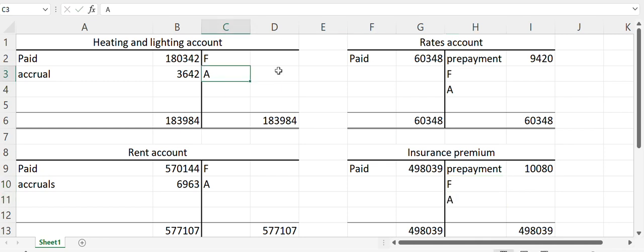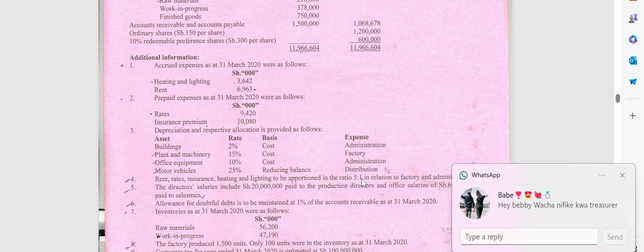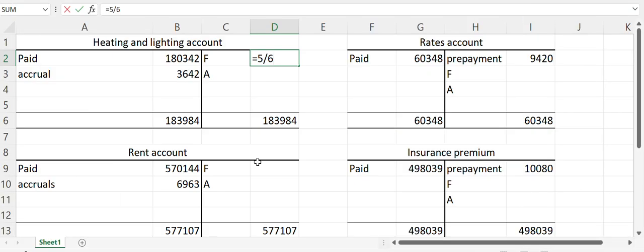So here the ratio is 5/6, because if it is 5:1, it means total is 6. So for factory it is 5 over total, which is 6. For admin it is 1/6.